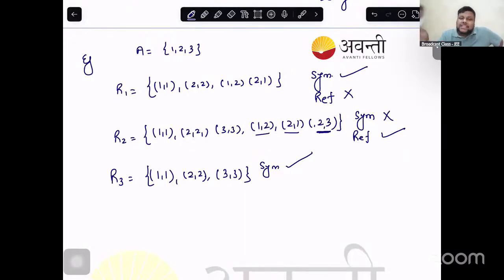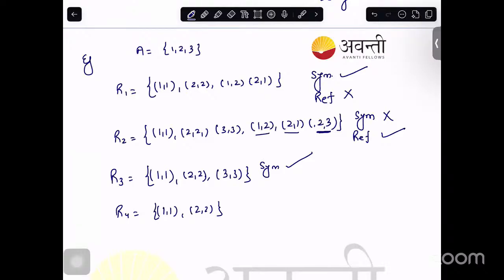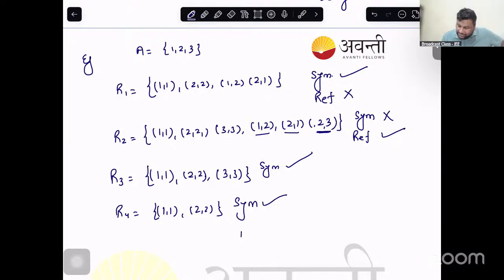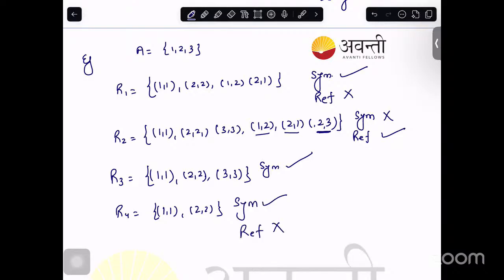But if there is nothing like that, then we will consider it symmetric by default. Agreed? Say I write another R4, that is {(1, 1), (2, 2)}. Tell me, is it symmetric? Yes, this is also symmetric. Is it reflexive? No. Understood?